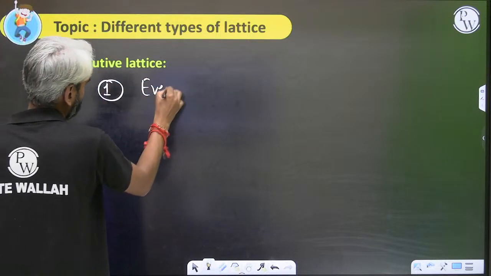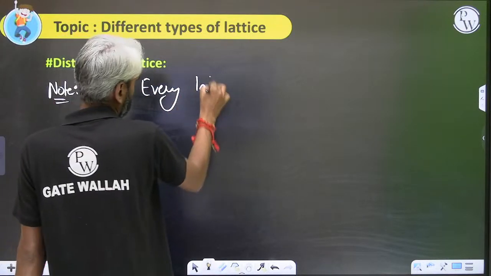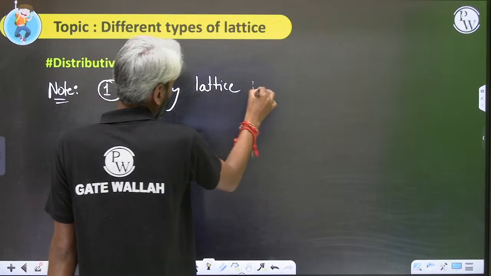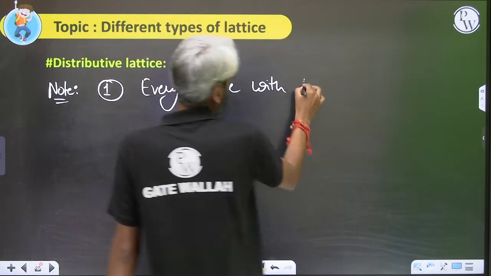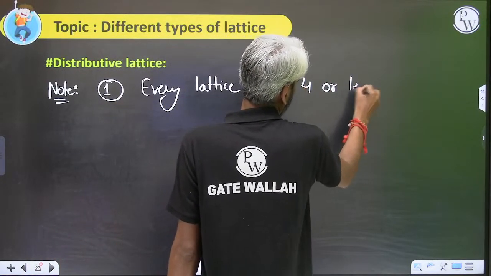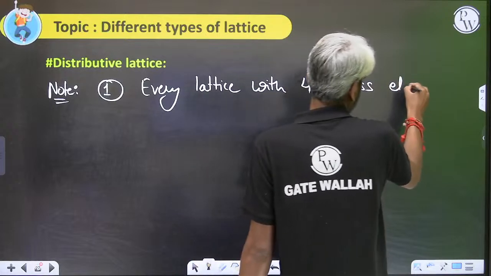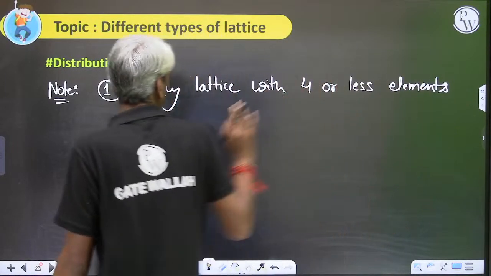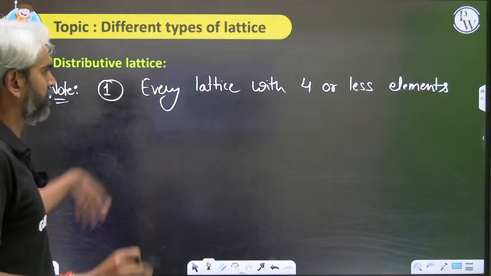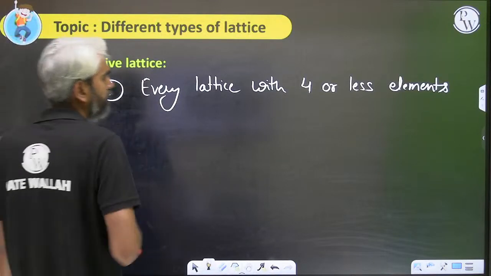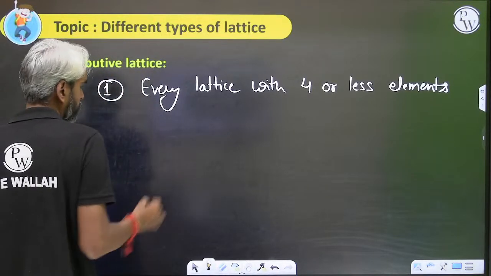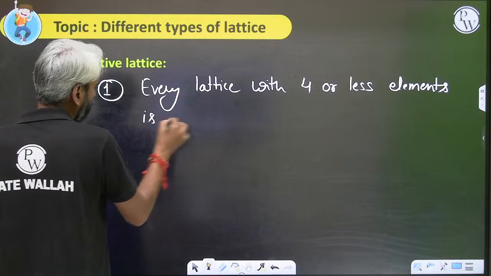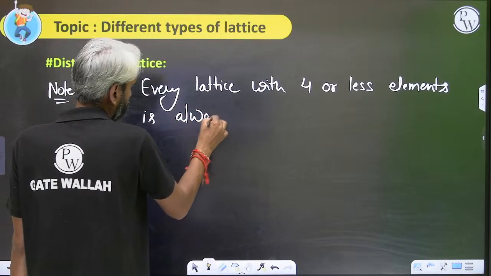Every lattice with 4 or fewer elements. These are properties which we can prove, but we are not going to put the proofs here. So every lattice with 4 or fewer elements is always a distributive lattice.